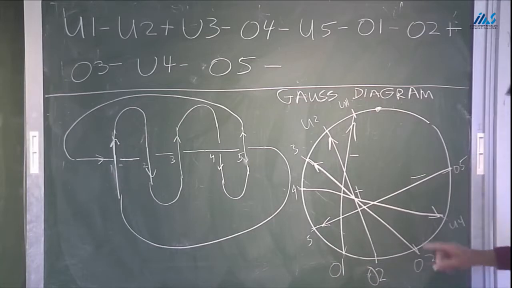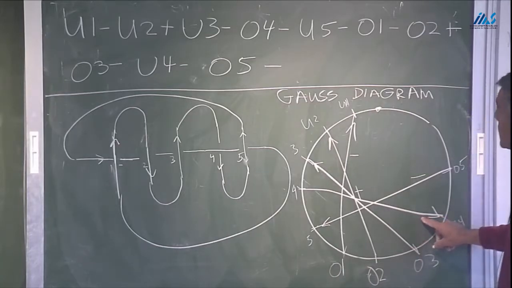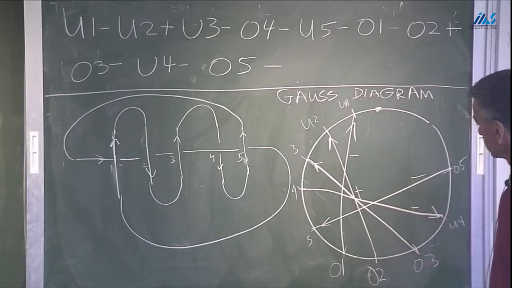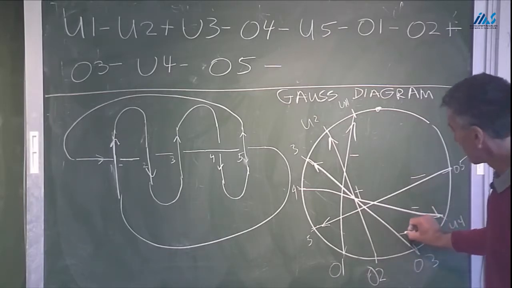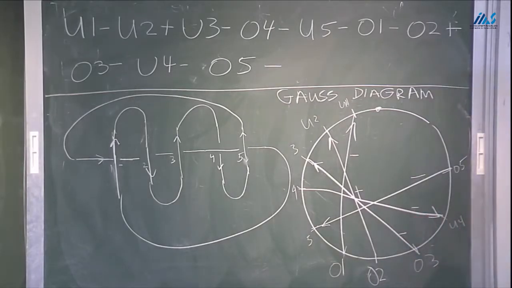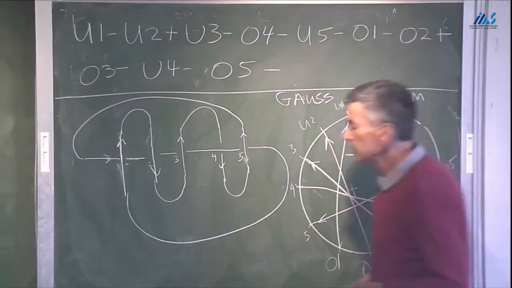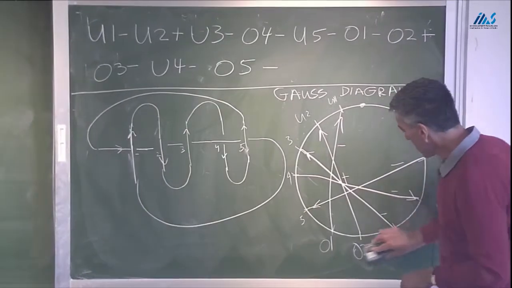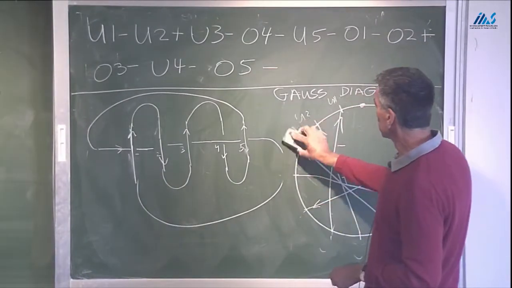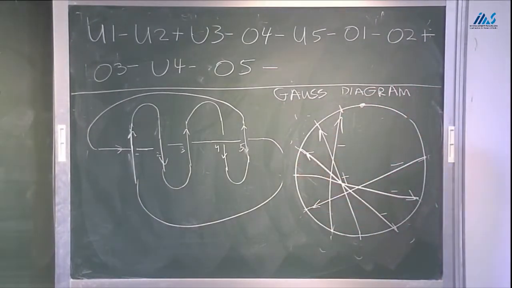So 3 was a minus. From this information, we can reconstruct the diagram. In fact, we don't need these numbers anymore once we have the arrows and the sign.